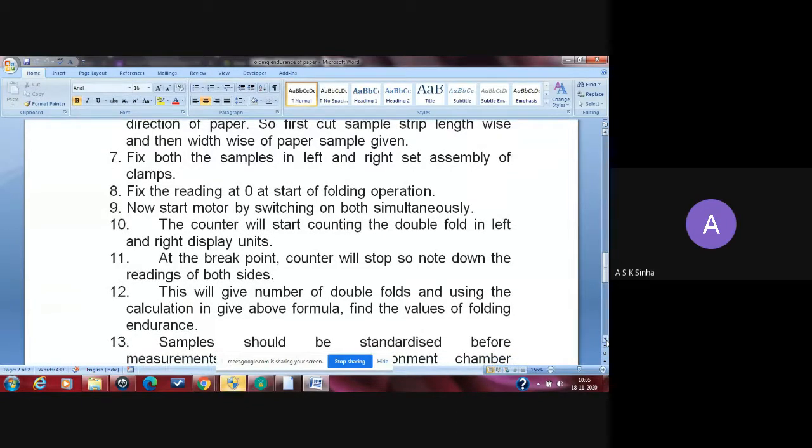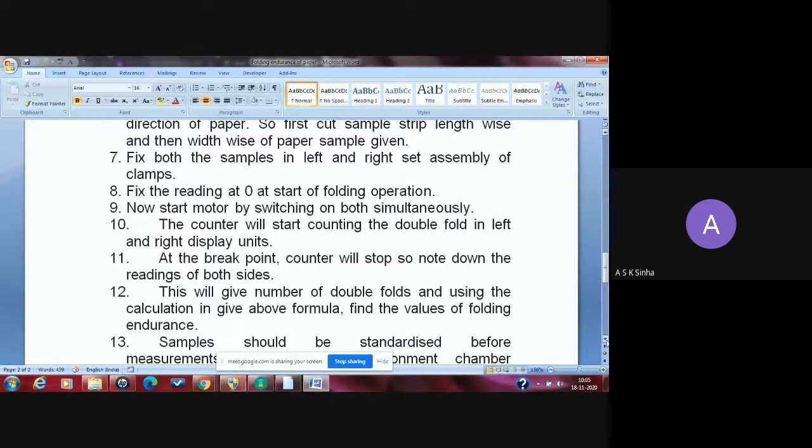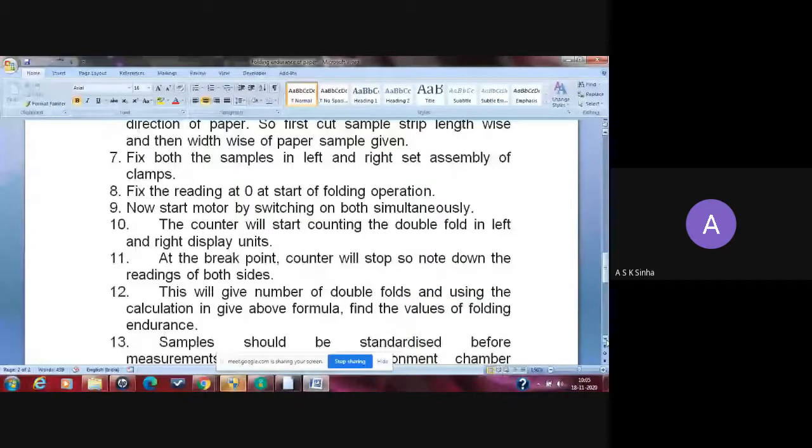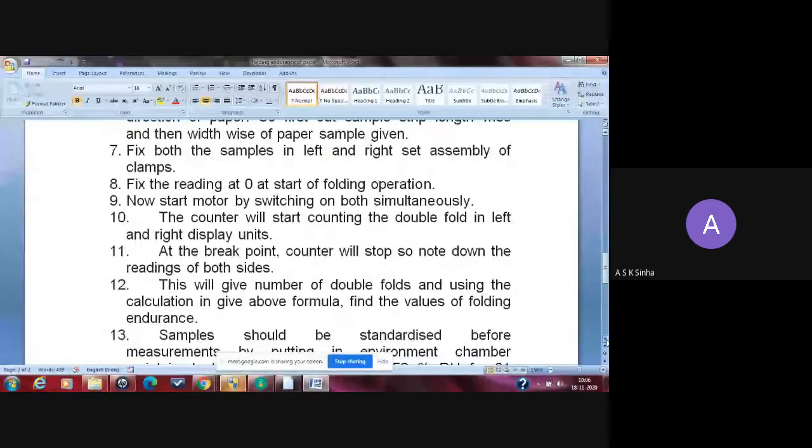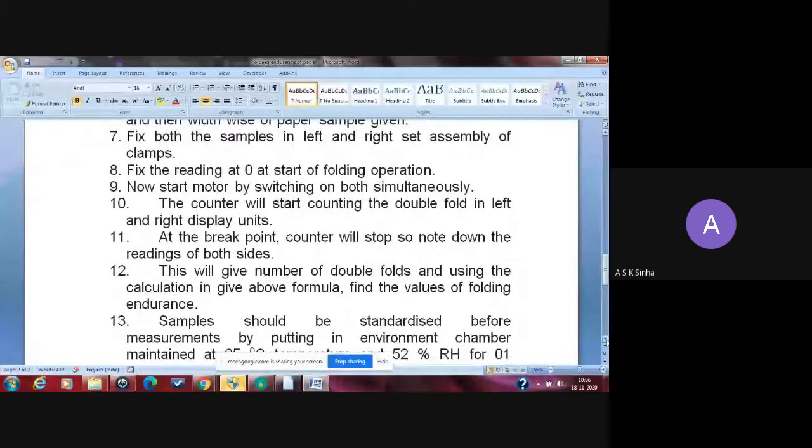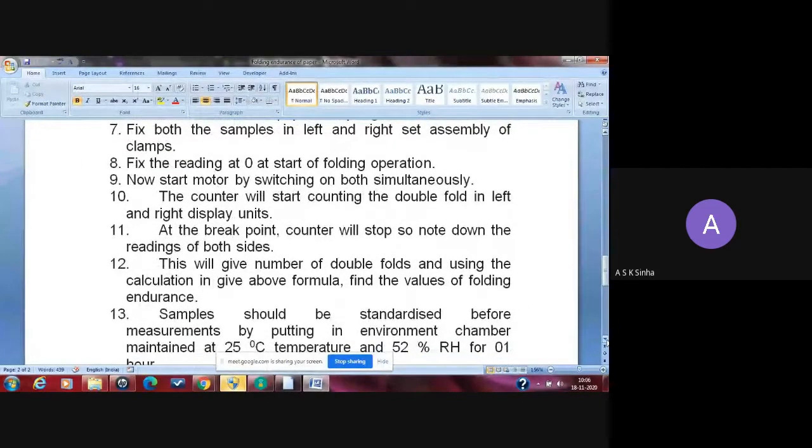Now the next step is to fix both samples in the left and right assembly of the clamp, and see that there is no slackness, and that one edge is not very tight while another is loose. It should be smoothly tightened and look uniform for tension. If you touch it with your hand, you will find uniform tension, and there should not be any slackness or distortion in the sample.